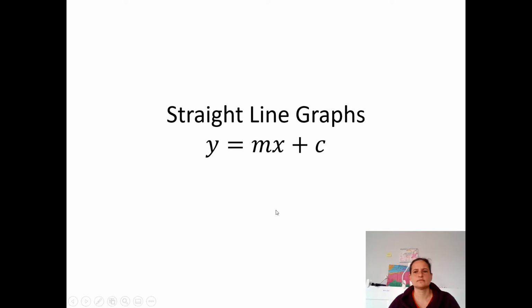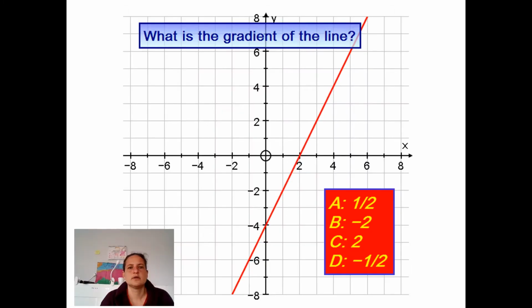First of all, let's double check we know what we're doing with gradient. So, what is the gradient of this line? We've looked at gradient before. We say, well, this has a positive gradient because as x is increasing, y is increasing.